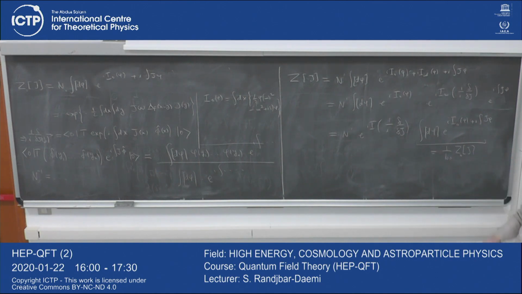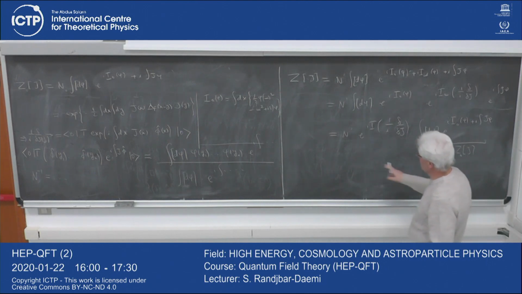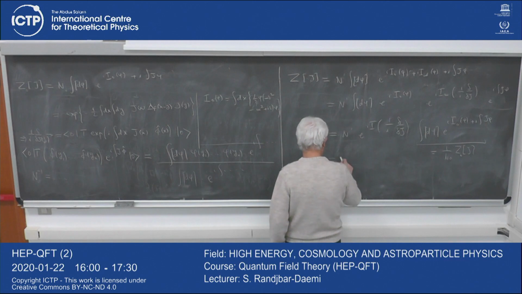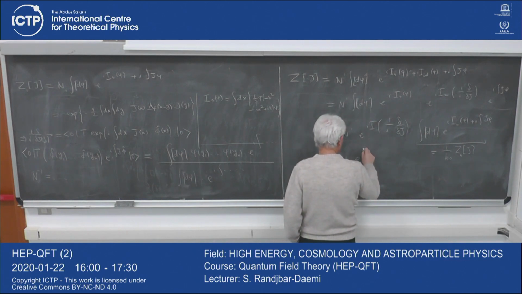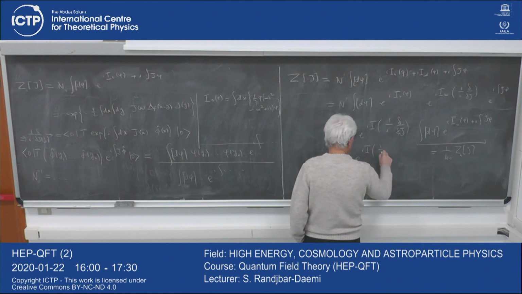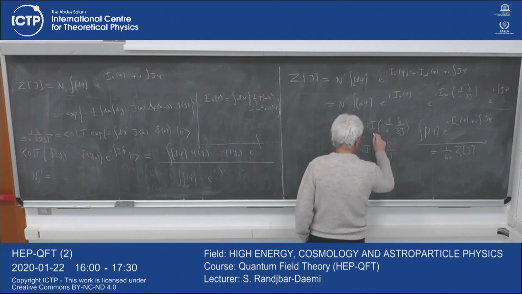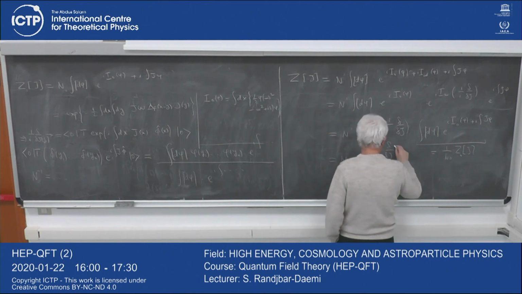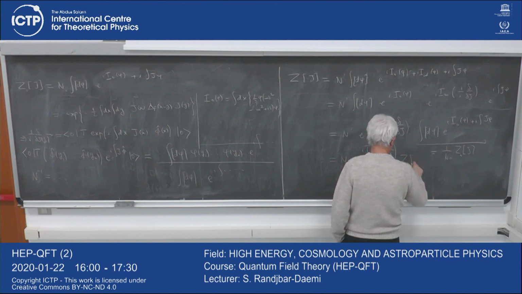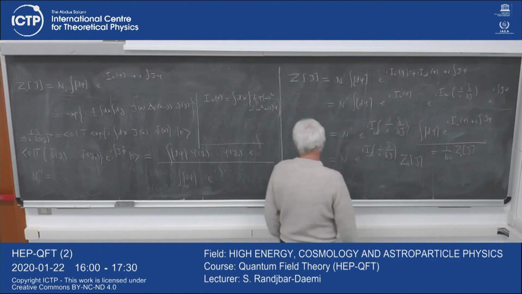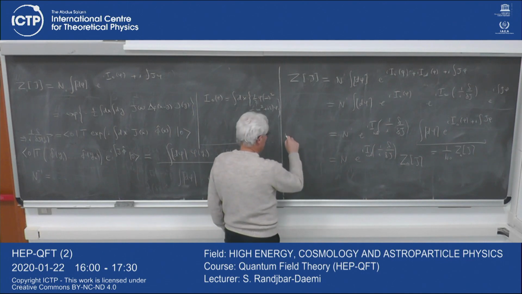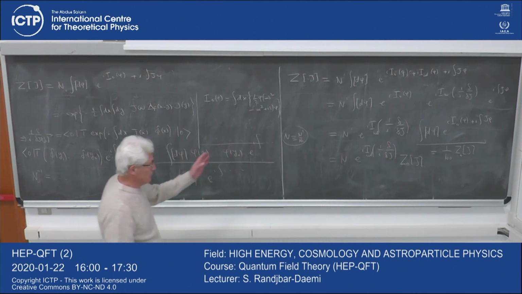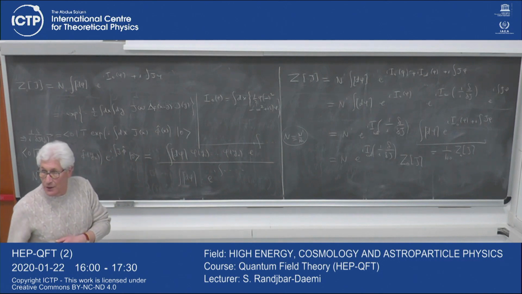It's a constant functional of J. So this is a constant. Together with N prime, we are going to call it N. N is the ratio of N prime to N0. It doesn't matter what it is, because these things will cancel at the end. But if you want to know what it is, that's what it is. Okay?